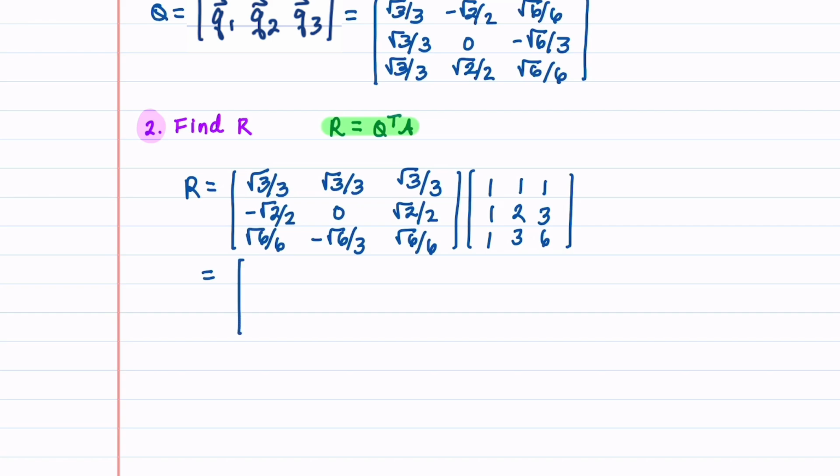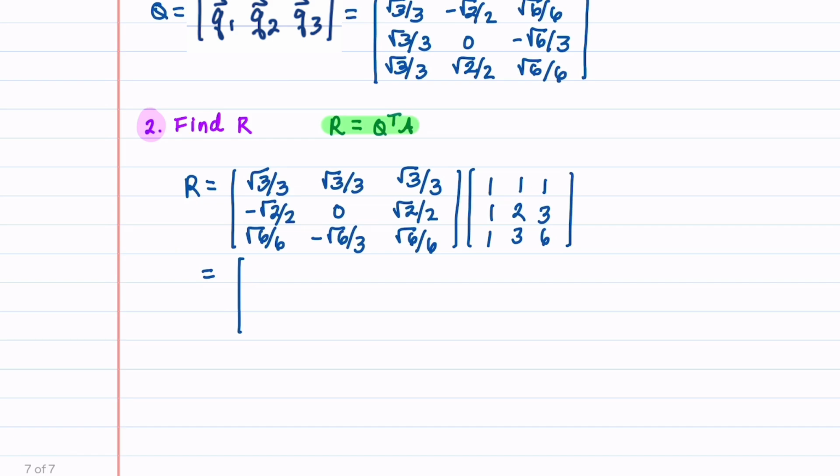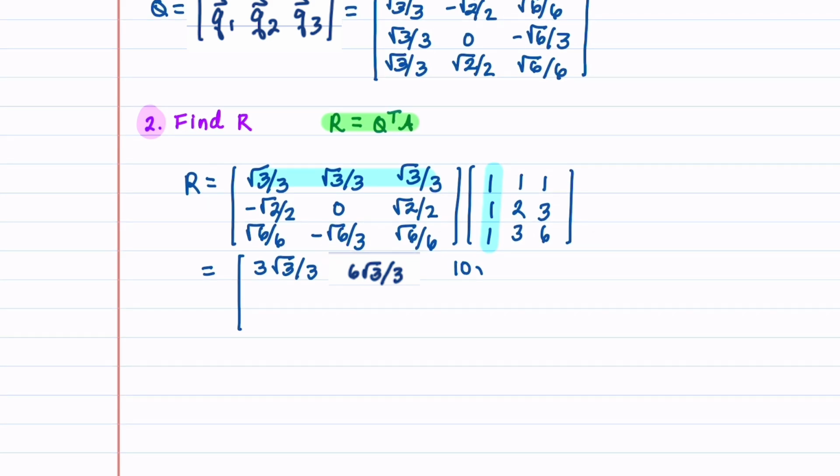Just as a review, to get our first entry, we multiply this row by that column. When everything gets combined, we're going to get a 3 root 3 over 3. And then our next entry is going to be a 6 times root 3 over 3. And then we're going to get a 10 root 3 over 3.